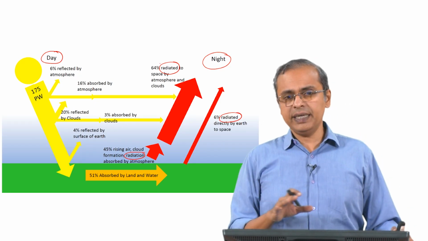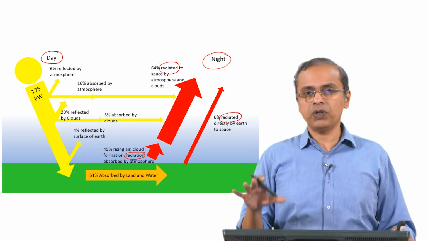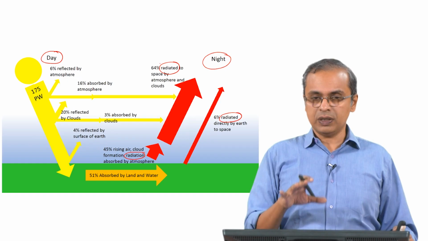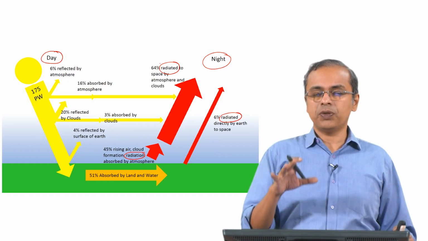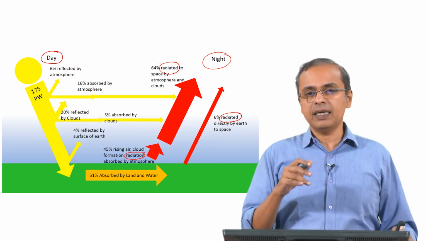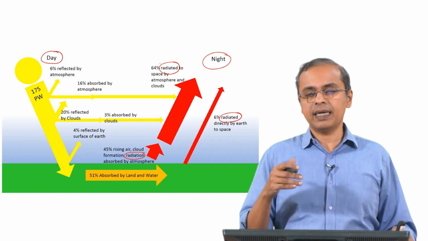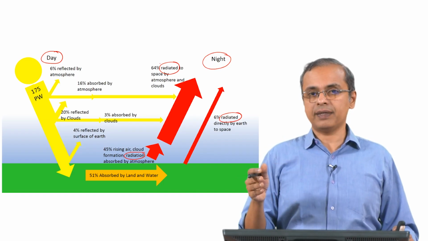So what you see here is a range of phenomena that are occurring on the planet which correspond to this sunlight that is coming in and how it is distributed through the planet and how it leaves the planet.